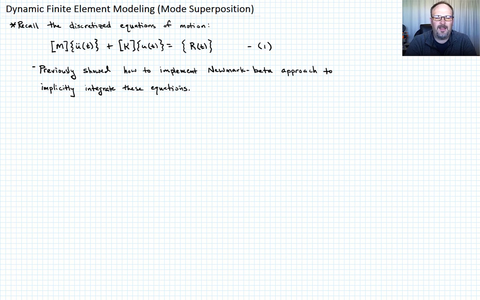Let's suppose you're modeling a wind turbine blade, for example, and it's rotating at a rate of maybe 20 RPM, or maybe 3 RPM, probably 3 RPM, so something relatively slow. You don't really care about the wave propagation down the blade that might be occurring at a velocity of hundreds of meters per second, or maybe even more than that.